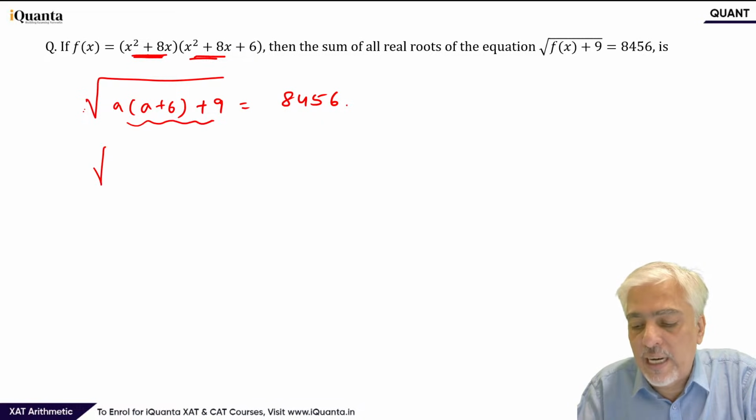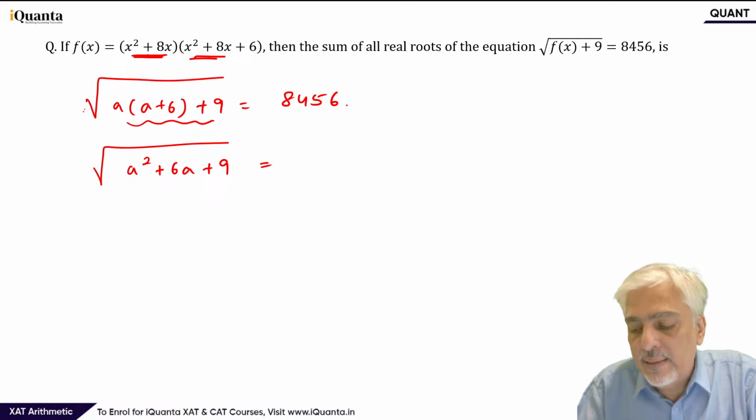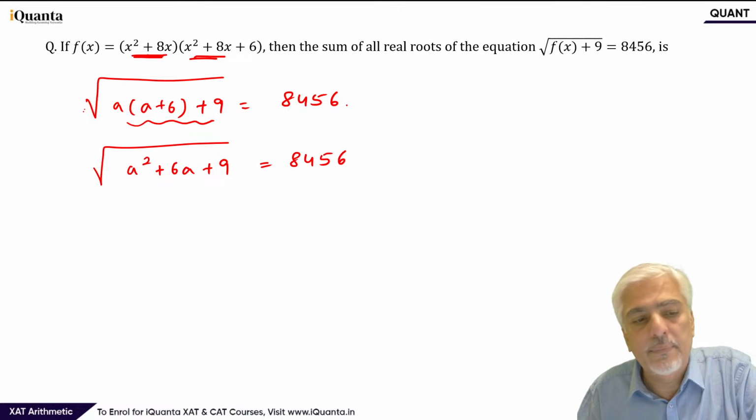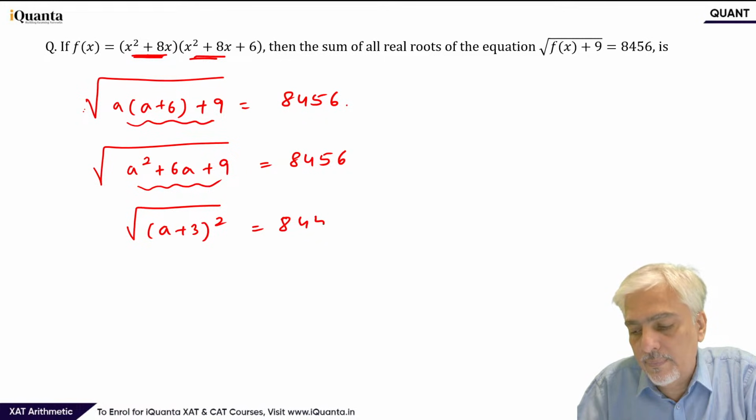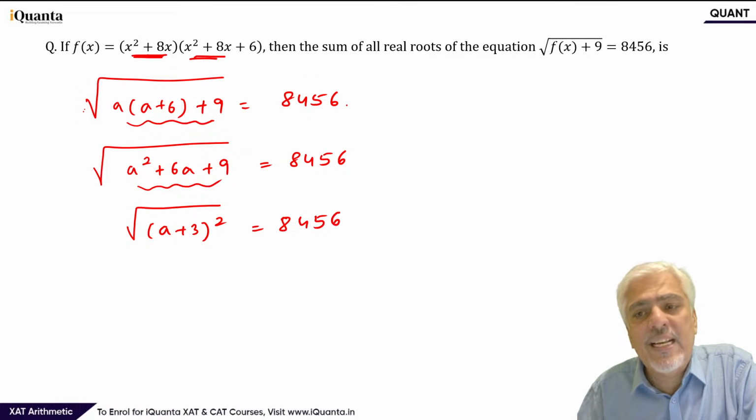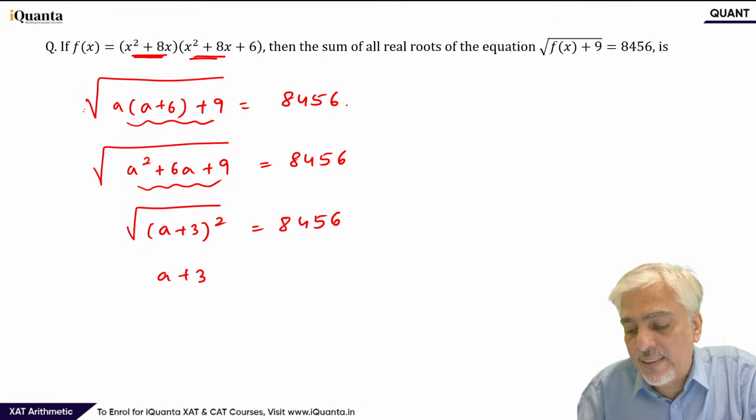If I open this whole thing up, it will become a square plus 6a plus 9. This number is useless. Don't even bother about that number. So what will this be? a plus 3 the whole square. When I take square and square root, this will become a plus 3.